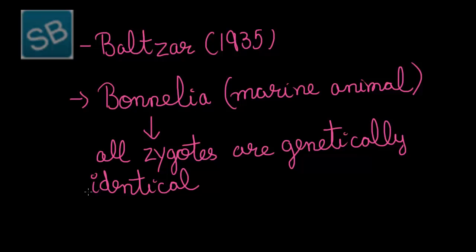Now, as they are genetically identical, both male and female can develop, but which will develop is determined on the basis of the physical environment in which such a fertilization process occurs. This figure depicts the structure of the marine animal Bonellia.